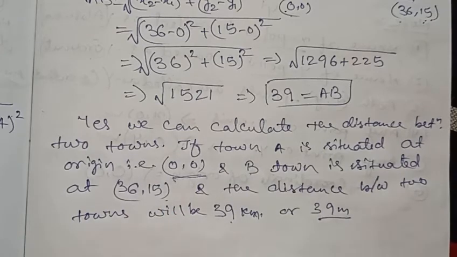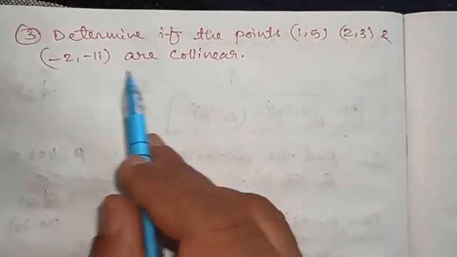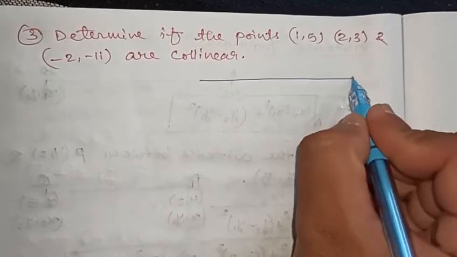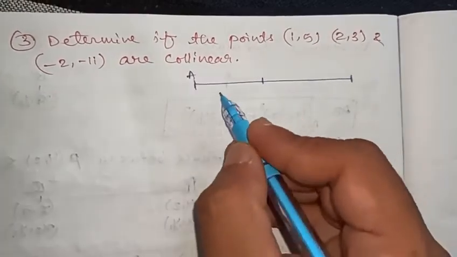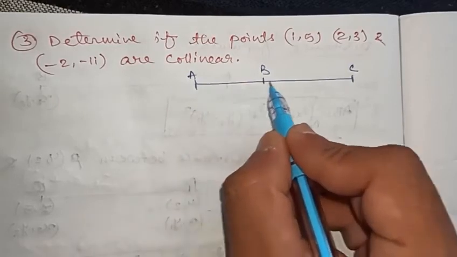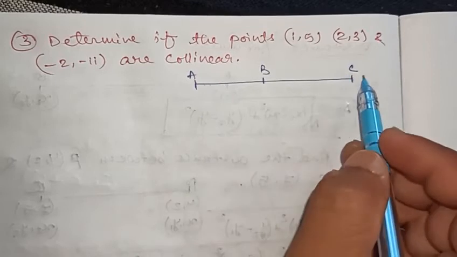Next question. In third question it is given, determine if the points this, and this are collinear. So what is collinear? I will explain. Suppose a straight line is there where 3 points are lying. If all the 3 points are lying in a straight line, then we will say that ABC are collinear.